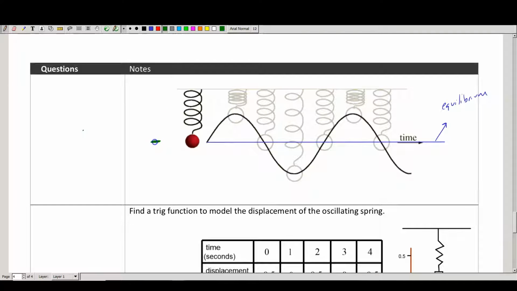The distance from this equilibrium all the way to the top is the amount of displacement, or it could be from the middle going down. It's that amount of space, right? You could think of this as a positive displacement, and from here down to the bottom as a negative displacement.